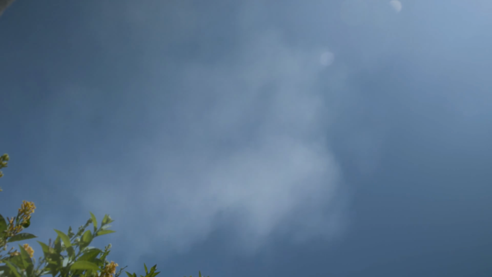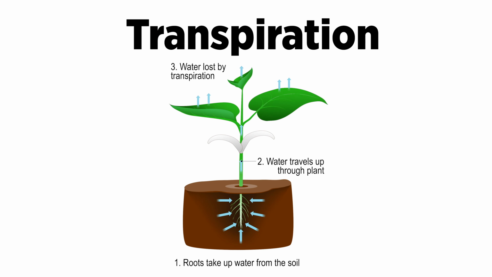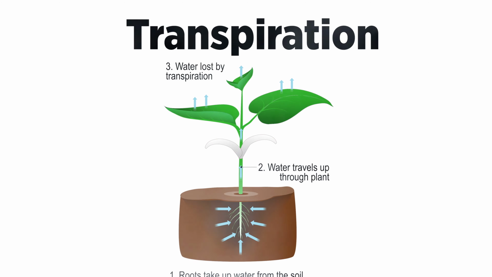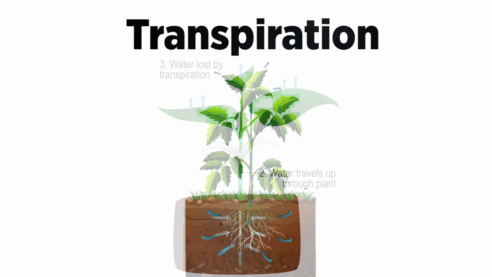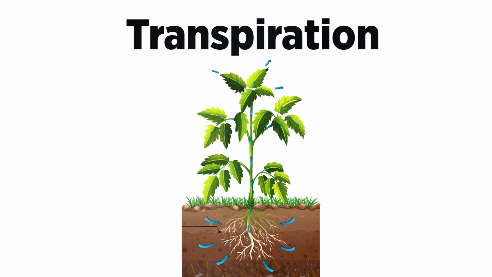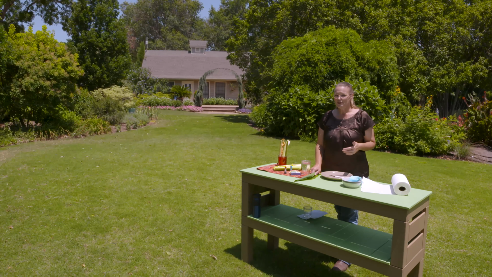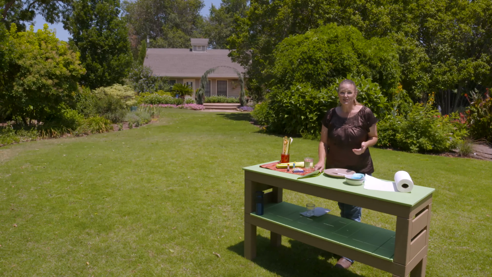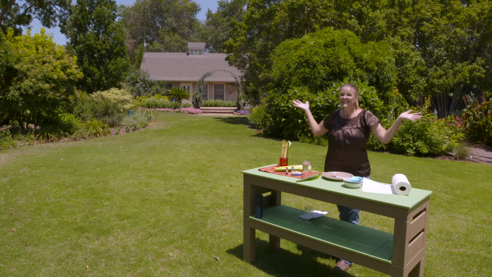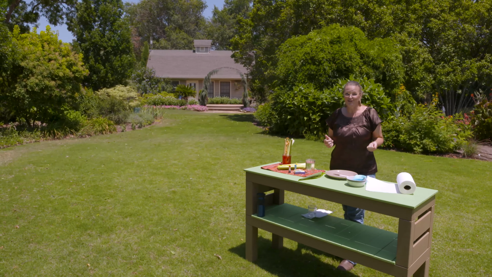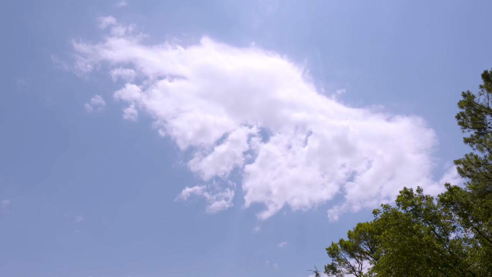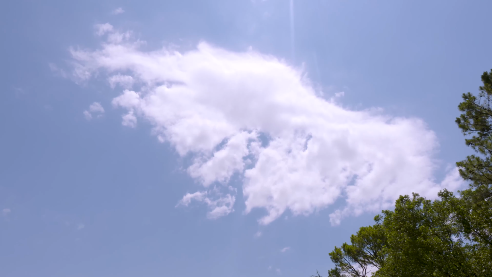As that water transpires out of the leaf, it pulls more and more molecules up from the base of that plant, and that's called the transpiration stream. This uninterrupted stream of water molecules moving through the plants is called the transpiration stream. And the cool thing is this is happening in all the plants all around us. The rate at which that stream is traveling depends on how hot or humid the day is outside of that plant.